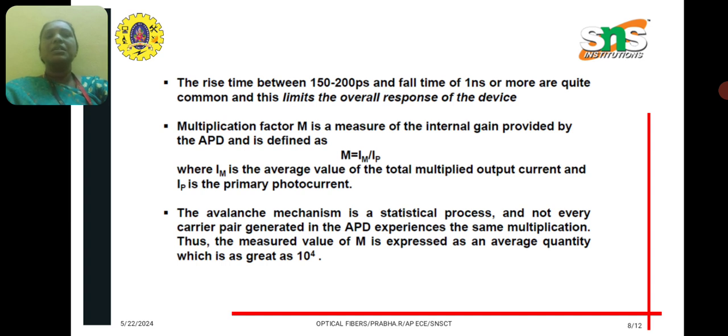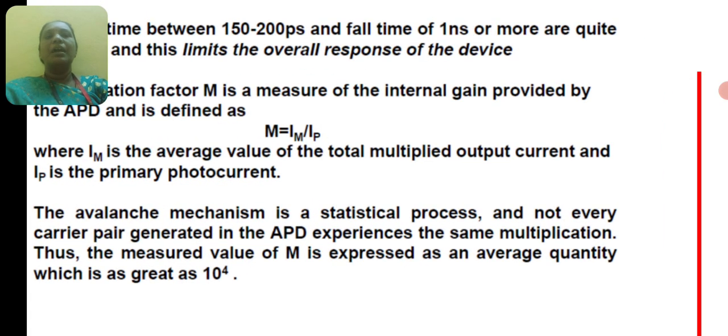The multiplication factor M is the measure of internal gain provided by the APD and is defined as M equals Im by Ip. Im is the average value of the total multiplied output current, and Ip is the primary photocurrent.